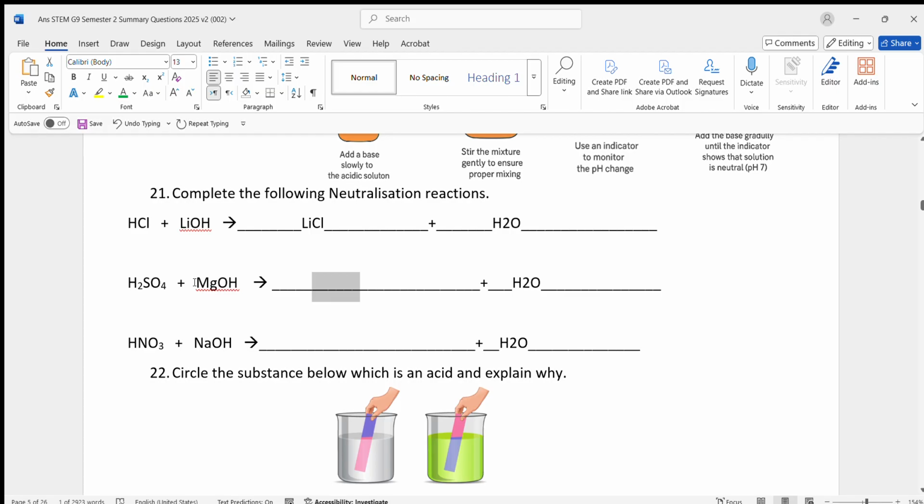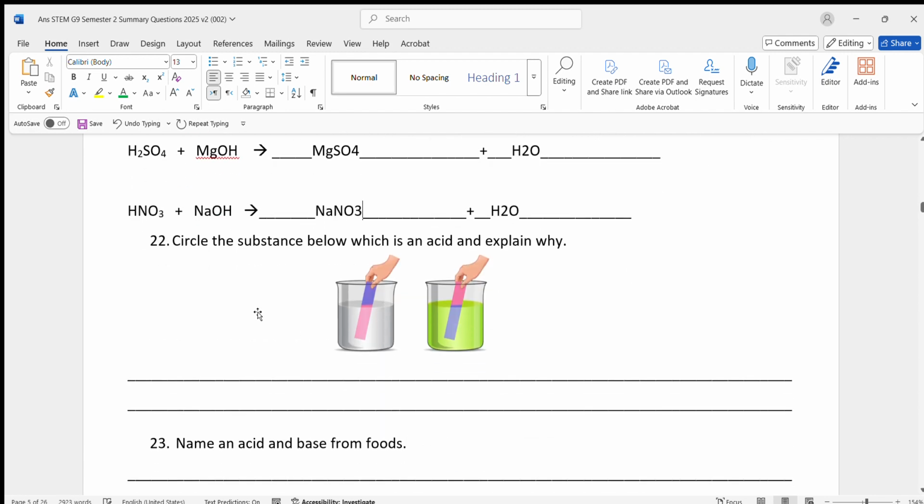So the salt is magnesium sulfate, MgSO4. And the last one again, same thing. H and OH make water, and Na and NO3 make the salt, NaNO3. So now it's sorted. Now circle which is the acid and say why. Because you know blue litmus paper changes to red, this is of course an acid.